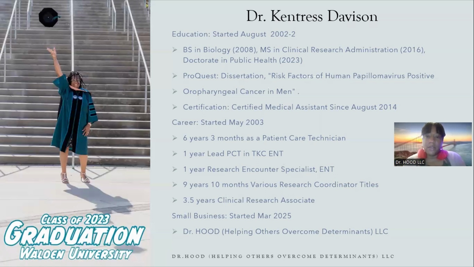And then I entered clinical research in 2011. So I was a study coordinator for almost 10 years. My background was diabetes and endocrinology disorders. And then I became a monitor in 2021. Started out at one company, did them for approximately 10 months, and now I've been at the company I am at now for approximately 3 years. And in March 2025, that's when I started Dr. HOOD, Helping Others Overcome Determinants, LLC.